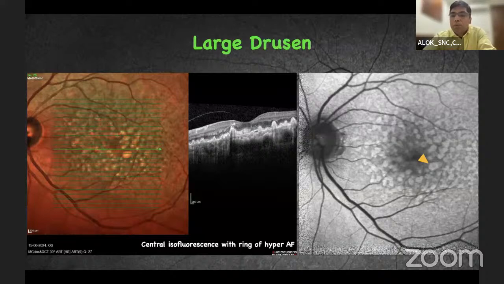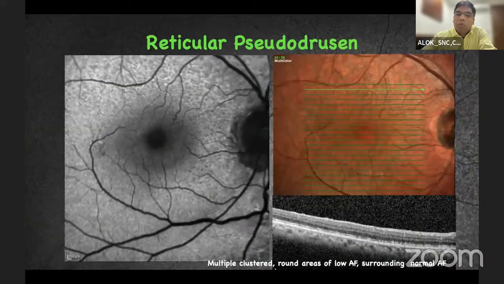Large drusen usually have a central halo of hypoautofluorescence with a surrounding hyperautofluorescence. And this ring of hyperautofluorescence is because of the RPE hypertrophy at the edge of the drusen.